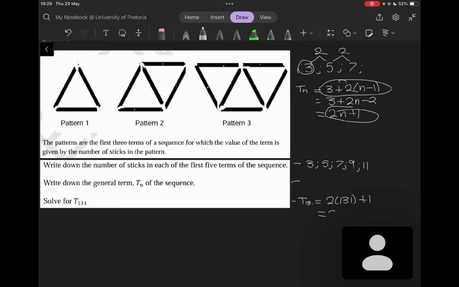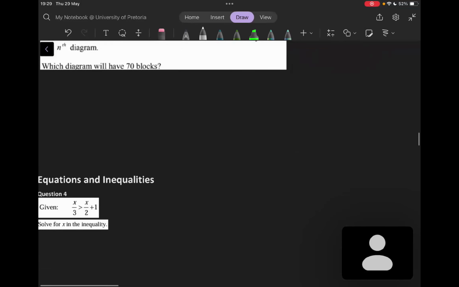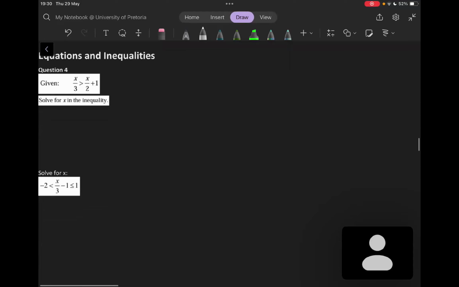And that gives us 262 plus 1, which is 263. Simple and straightforward at this point. That's just an arithmetic number pattern, right? I'm going to skip this question so that we can go on to equations and inequalities.